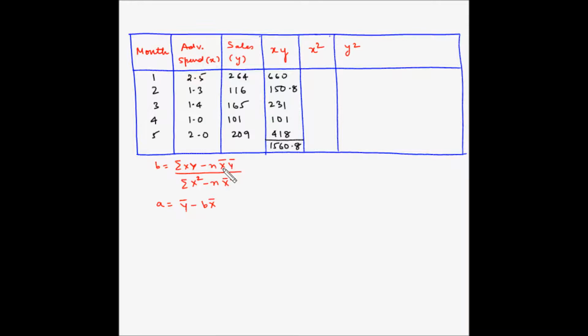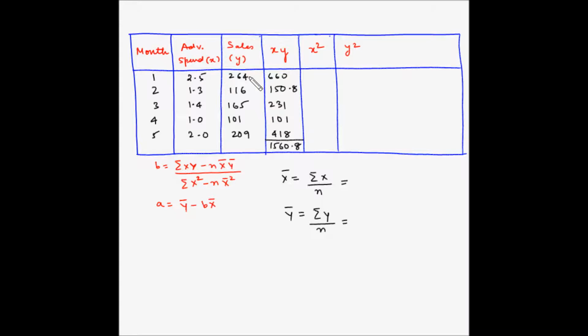Now x bar is the mean of x values, so x bar is equal to the sum of all the x values divided by the number of values, which is n. And y bar is the sum of all the y values divided by n.